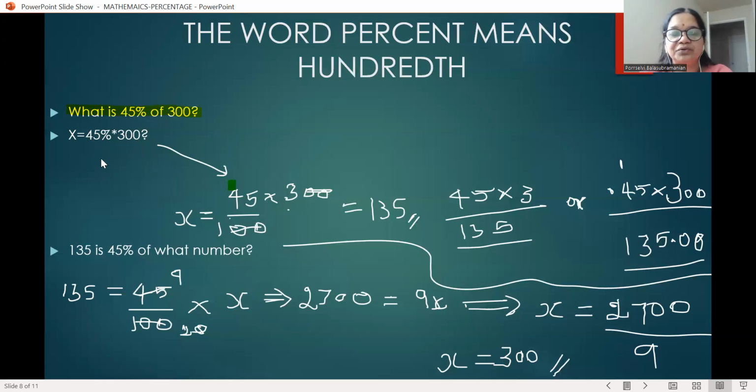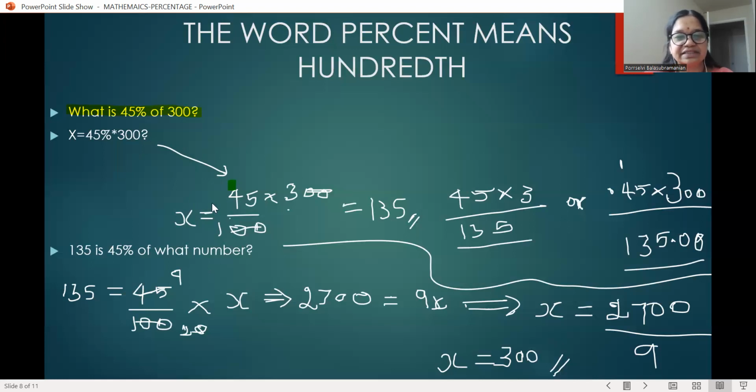You can calculate this value in two ways. One way, you can write 45 percent in fraction form, then simplify with 300 to get the value. Another way, you can convert 45 percent into a decimal value directly, then multiply with 300.